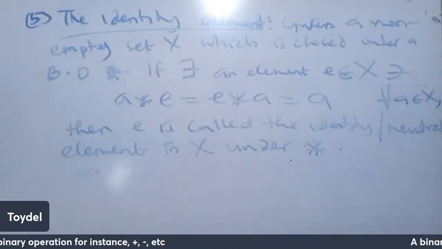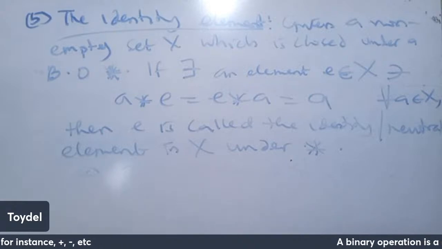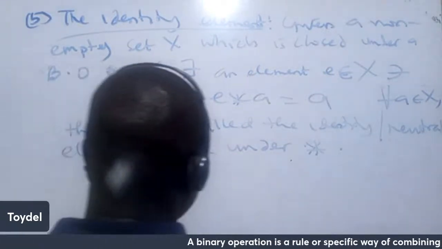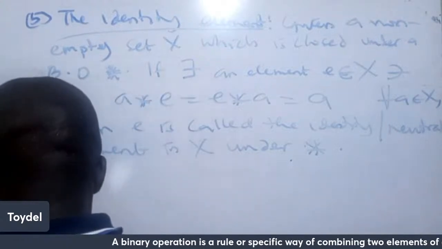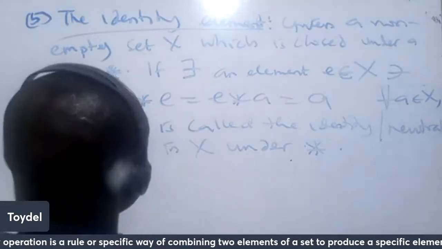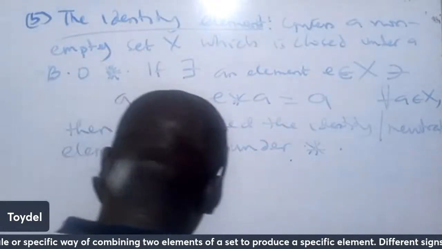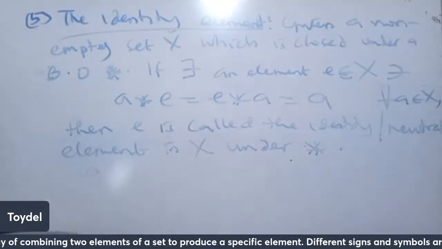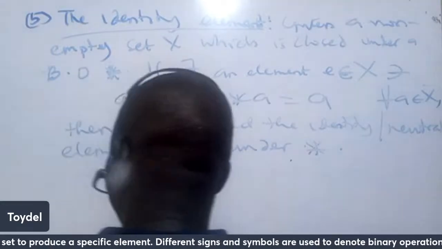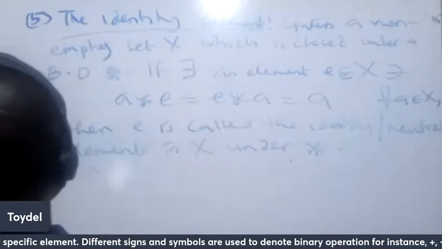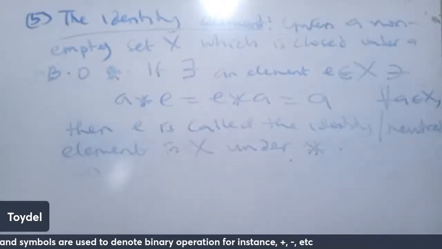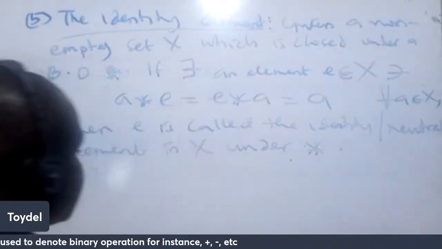So please let's note, neutral element is the same thing as identity element. That is the element that has no effect when we perform an operation with that element. So that's the meaning of identity or neutral element. Then let's note, it is expected that as mathematicians we should know that the neutral element or identity element, if it exists, is unique.